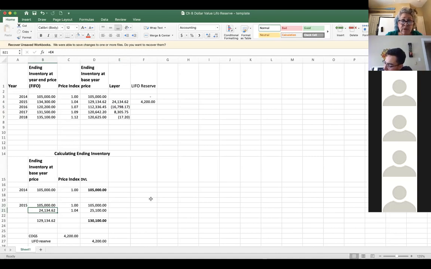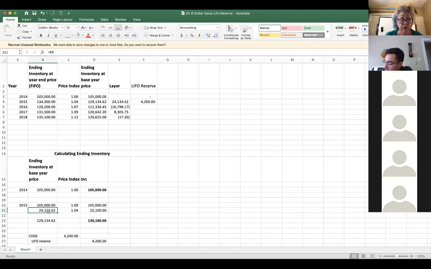If I liquidated a layer and I'm using LIFO, which layer did I liquidate 16,798.17 of? The 105 layer or the 24 layer? The 105 layer. Okay, last in, first out. Which one was the last in? Never mind. Yeah, the 24,000.